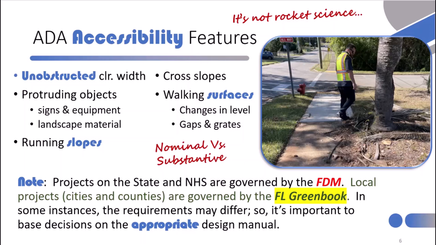And keep in mind that there are 2 different vertical clearance measurements for each of those sub-bullets there. Running slopes and cross slopes are an important factor for safety and accessibility. And then you have the walking surface itself, its condition, whether there are changes in level or not, and the existence of gaps and grates and other surface features within the walking surface of the pedestrian environment.